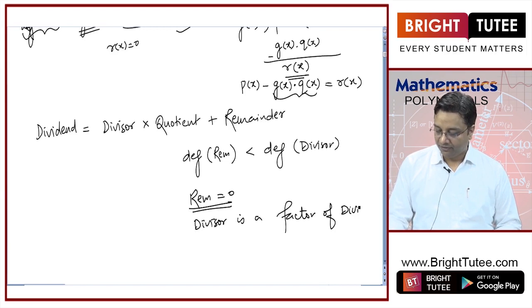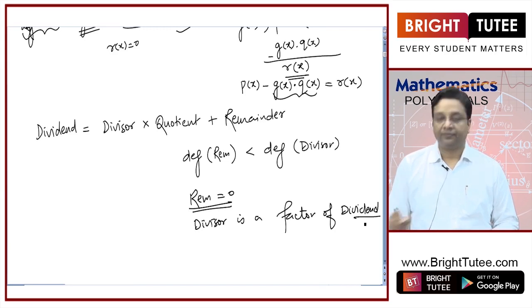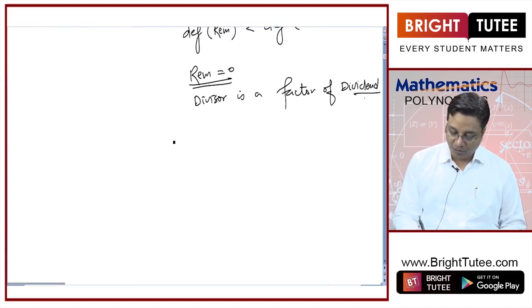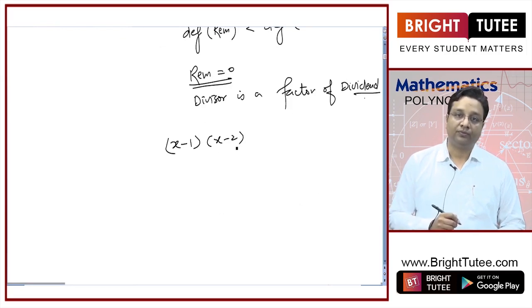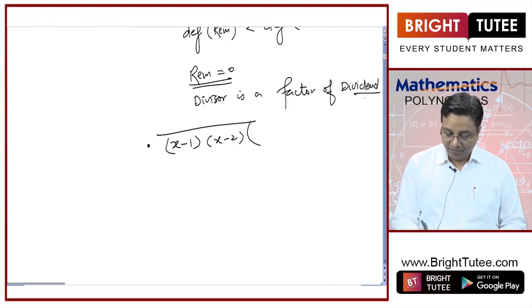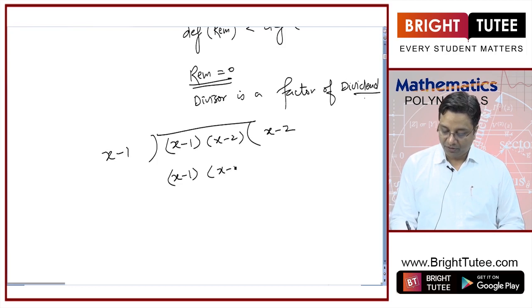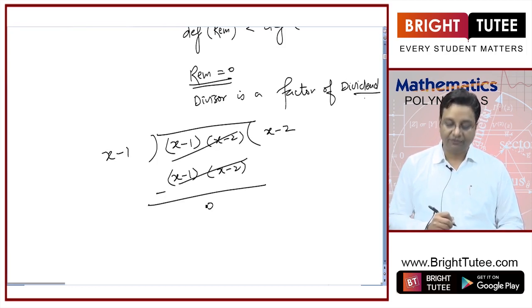For example, if I take a certain polynomial like this, (x minus 1) into (x minus 2), and if I divide it by x minus 1, what will be the quotient? Quotient will be x minus 2. I will get (x minus 1) into (x minus 2) here, and it will simply get cancelled, and I will have 0 here.